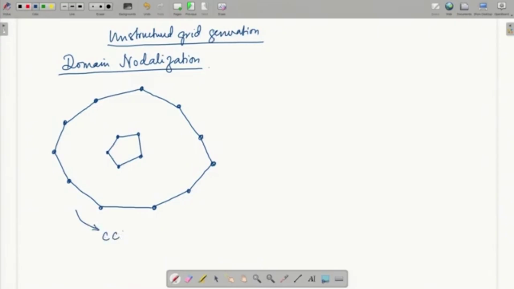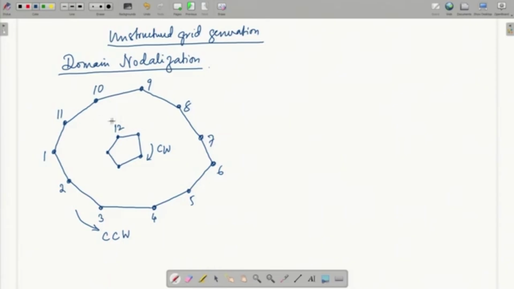So, the outer boundary nodes would be marked in a counterclockwise manner. So, we have say 11 nodes in the outer boundary, and we would prefer marking the inner boundary with clockwise numbering.